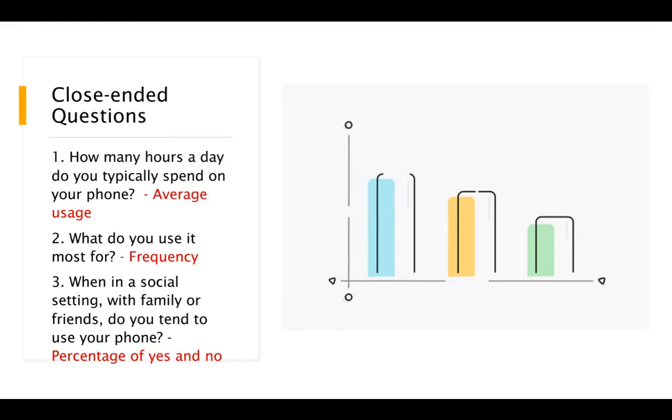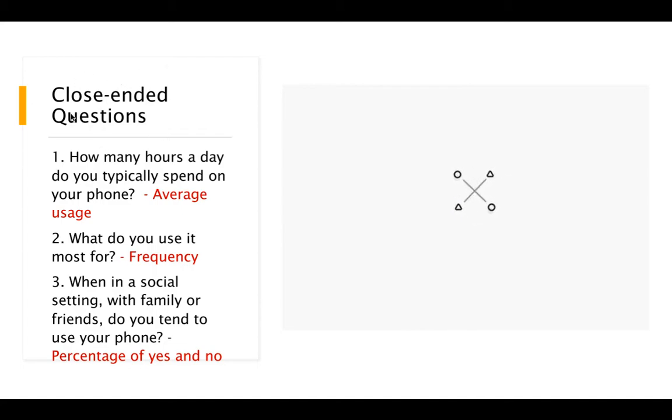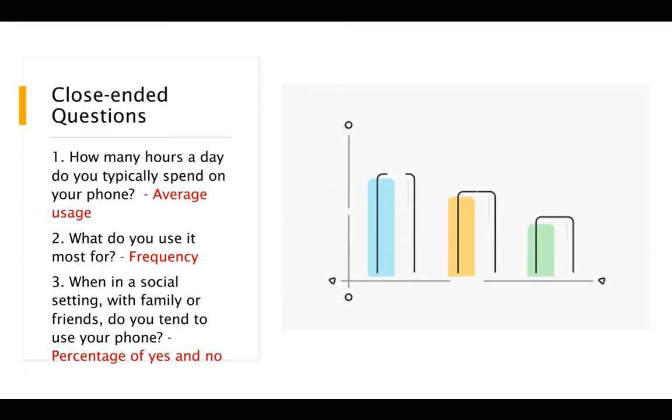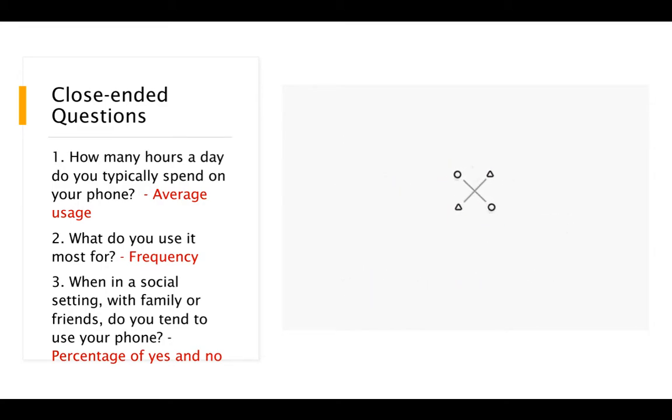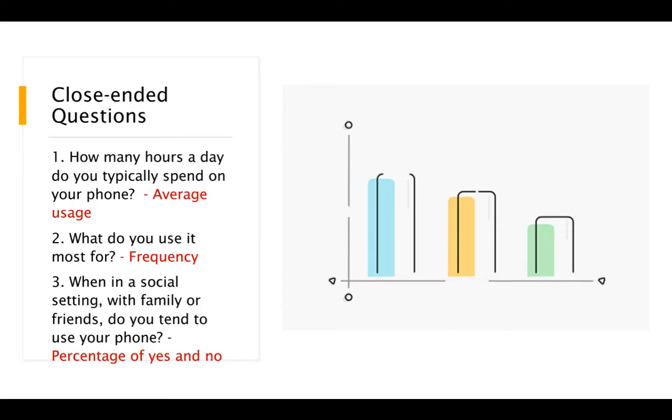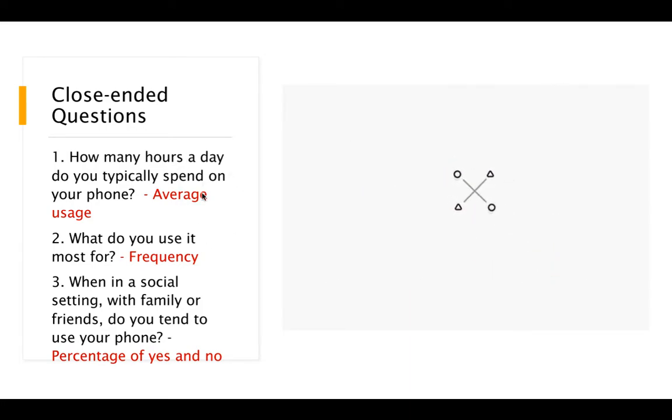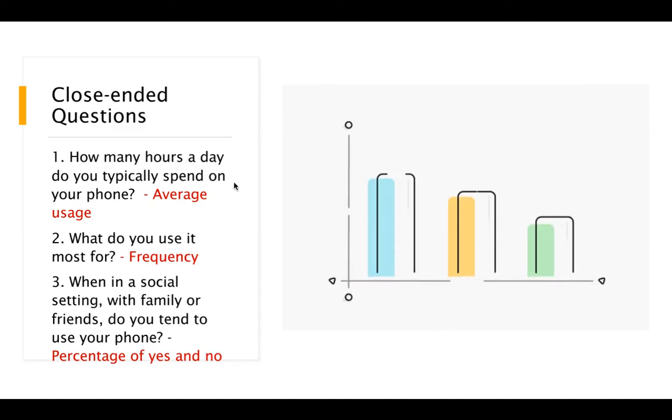Once you've done that, here's how you can deal with close-ended questions. Close-ended questions, as I've mentioned in the past, result in answers that are yes or no, or have 1 or 2 or 3 words. And it can be something that we can represent in terms of numerics and statistics. For example, how many hours a day do you typically spend on your phone?